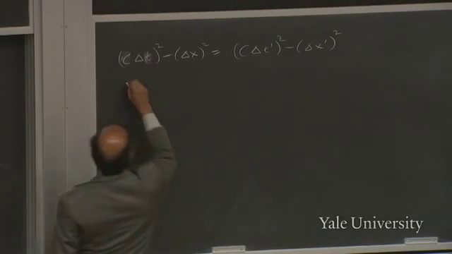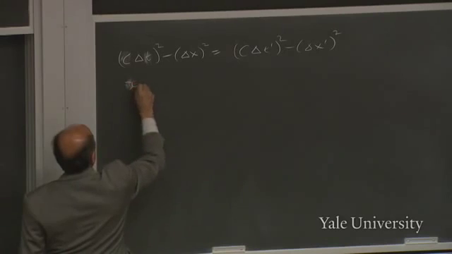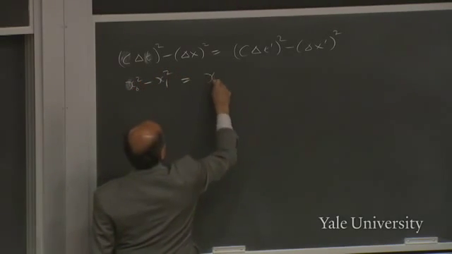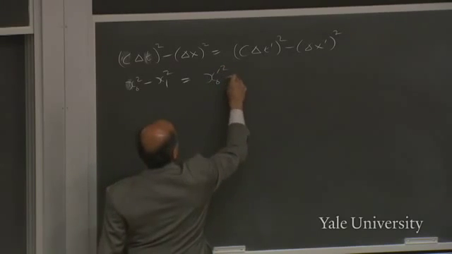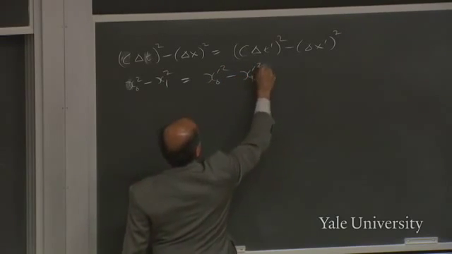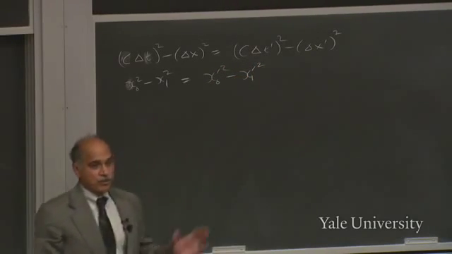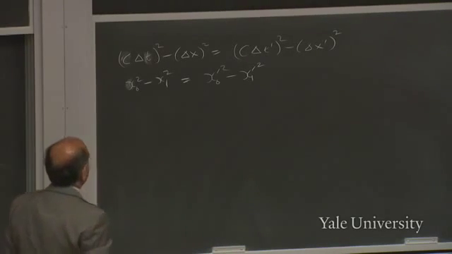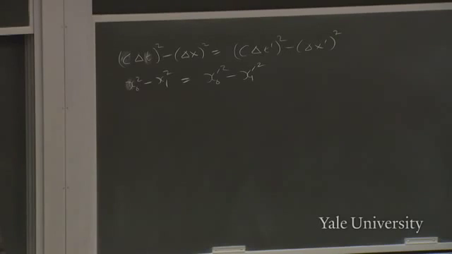Or if you like, x naught squared minus x1 squared will be x naught prime squared minus x1 prime squared. I'm using the notations back and forth so you get used to writing the space-time coordinates in two different ways. So it not only works for coordinates, but for coordinate differences.